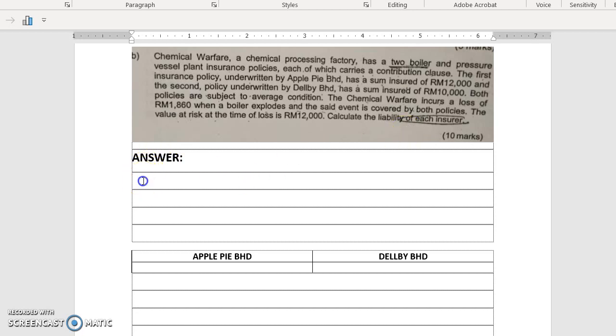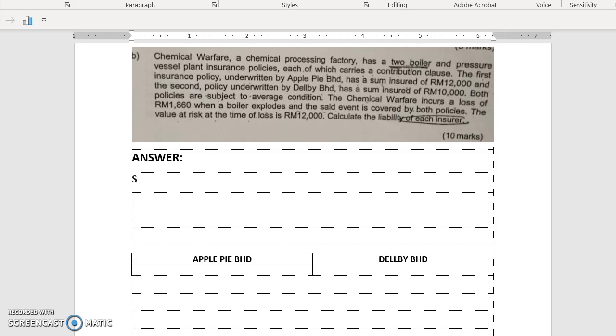For this question, we have a different formula because the company insured their asset with 2 insurance policies. For 2 insurance policies, the formula is sum insured divided by the total sum insured.